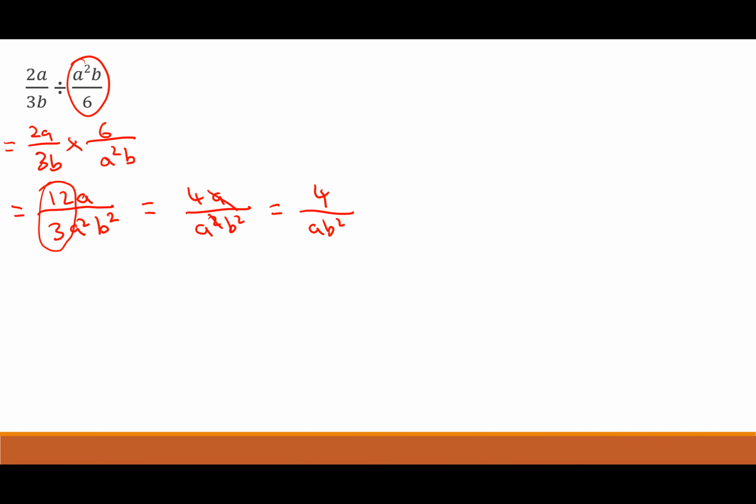Okay, very straightforward. Another example: now we've got a division and a multiplication. Remember BIDMAS. Brackets first, there are no brackets. Indices next. We've got indices there, but we don't need to worry about that because they're all together.